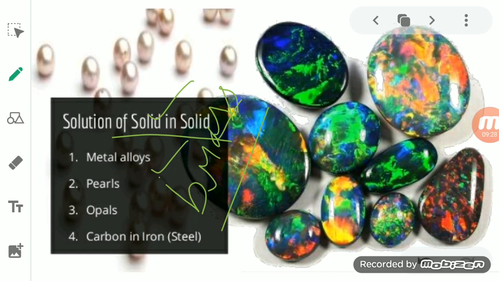Zinc is a solid, copper is a solid. So brass is formed by mixing two different types of solid, two different metals together, to form a new metal alloy.